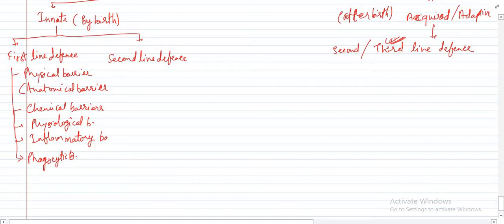So there are lots of barriers which we study under this first line defense. These are some important aspects of the first line defense.